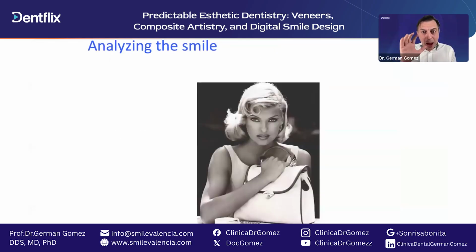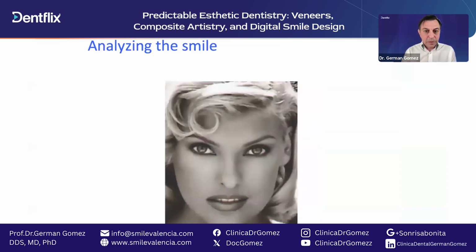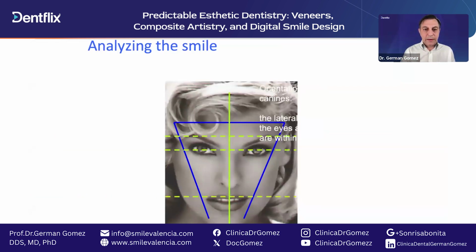Well, let's see how eyes and smile are related together. This is not a real full smile, but if the person smiles a lot, we draw a line from the edge of the eye to the edge of the smile, like the white line here.